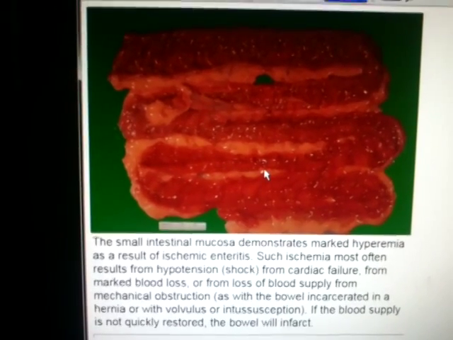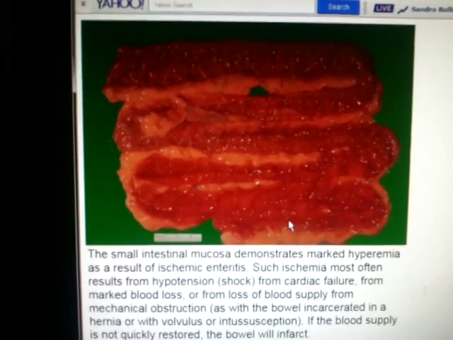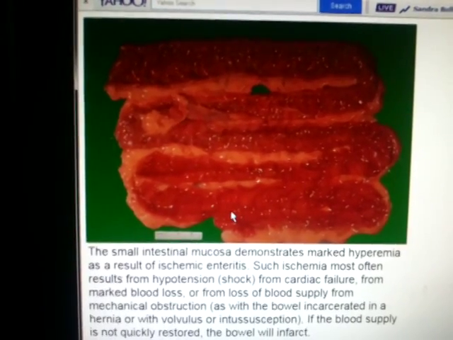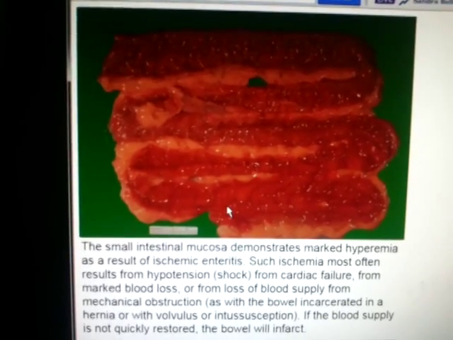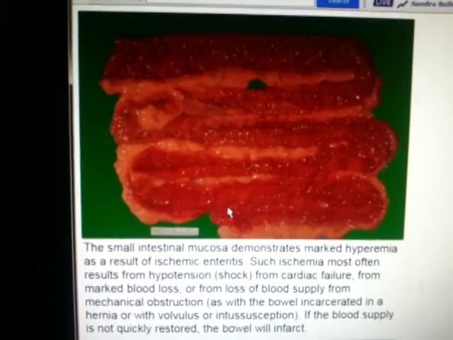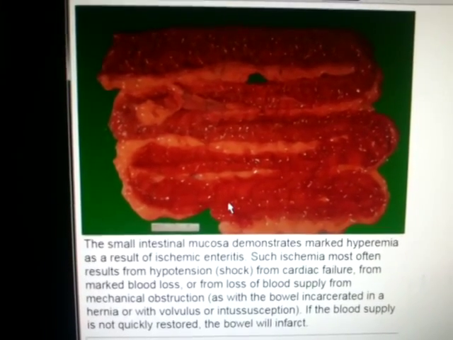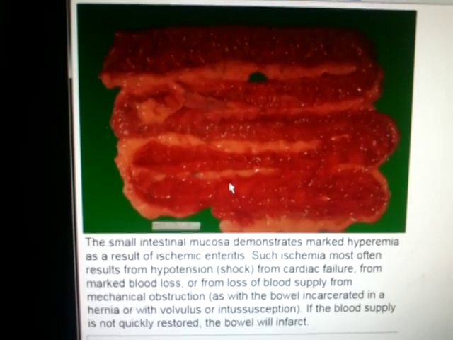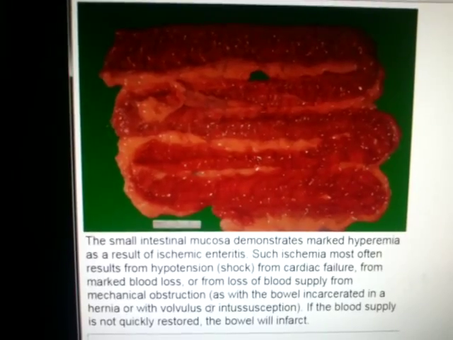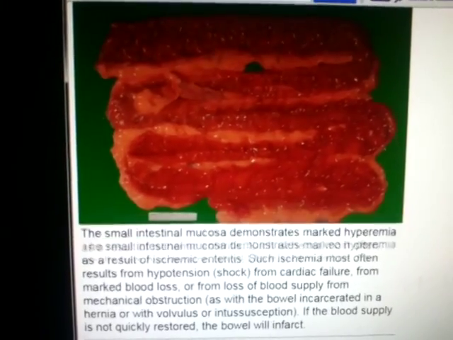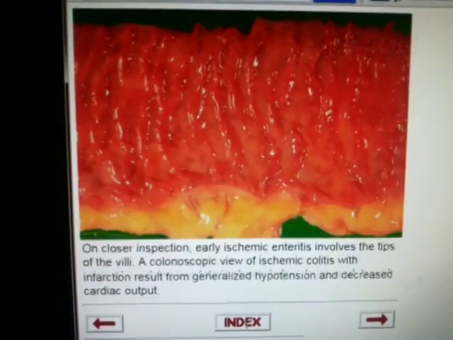However, if the patient has, for example, atherosclerosis, or an atheroma that blocks one of the blood vessels that supply the bowel, the patient will not be largely affected by the ischemia, because the bowel is a highly vascularized organ, so there will be another blood vessel that will perfuse this organ. This is a higher magnification of the early ischemic changes.